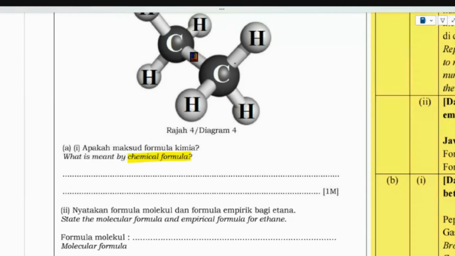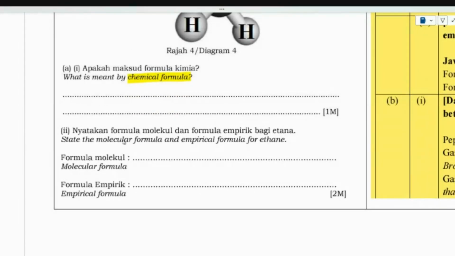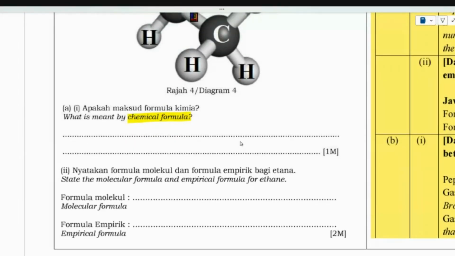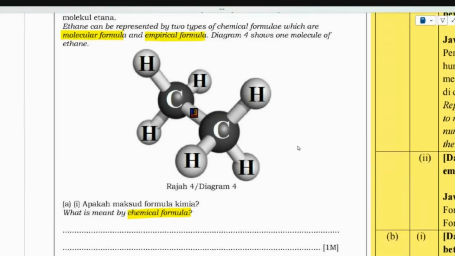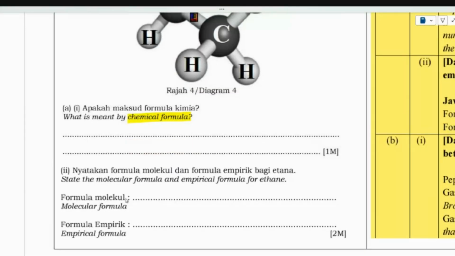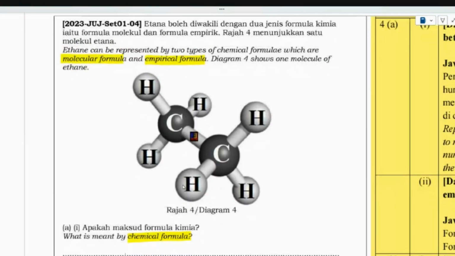Chemical formula, we look into the molecular formula and empirical formula. This one I just revise on it. Molecular formula is the actual numbers, right? How to write the molecular formula? Very simple. You count how many elements, how many carbons here.